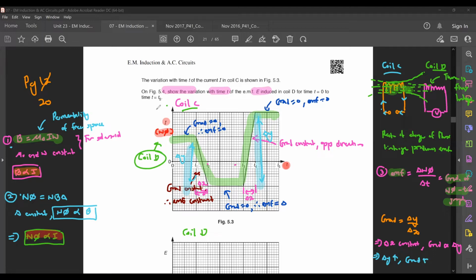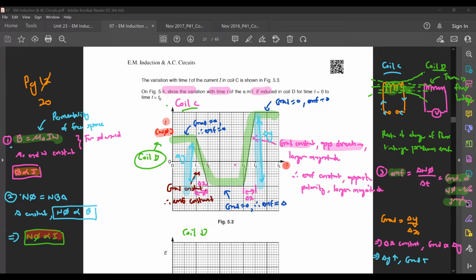So I can now say that you have constant gradient, opposite direction, and at the same time larger magnitude, it is steeper, so the magnitude is larger. So from here, your EMF would be constant, with opposite polarity, or negative sign, and larger magnitude.